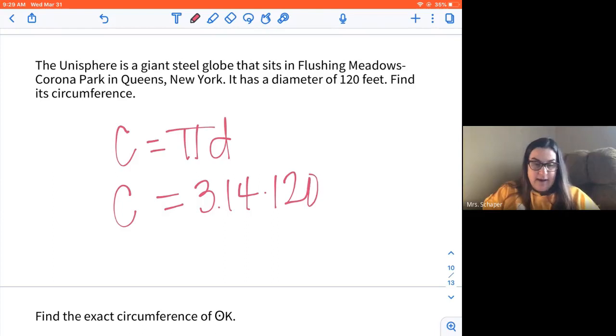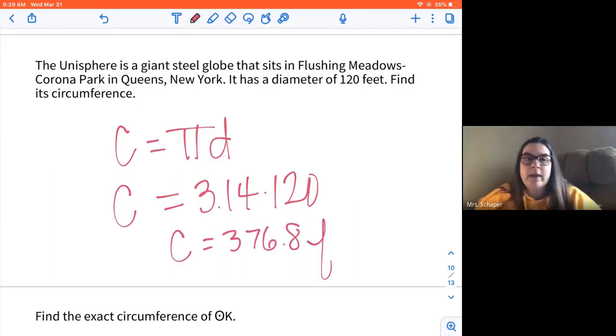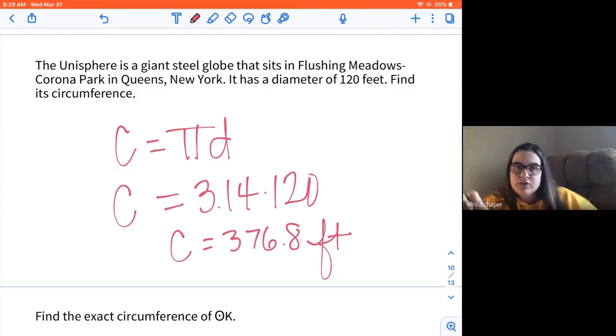So I'm going to grab my calculator, and I got that the circumference is 376.8 feet.